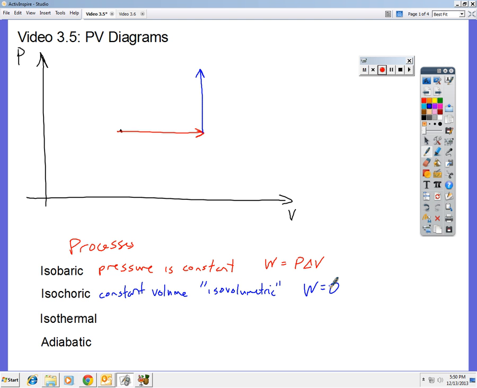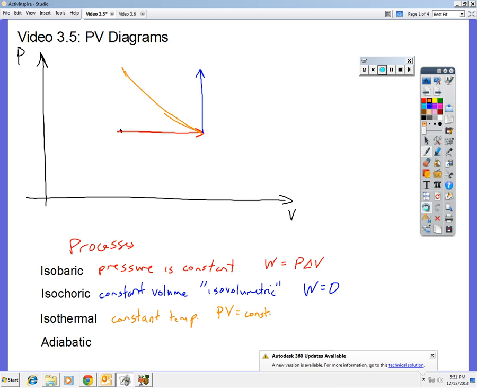An isothermal process is one where the initial and final temperatures are the same, or where the temperature stays constant. In an isothermal process, if you have a constant temperature for an ideal gas, that means the product of pressure and volume is a constant, which means it's going to follow a curve that looks like this. I'll redraw that.